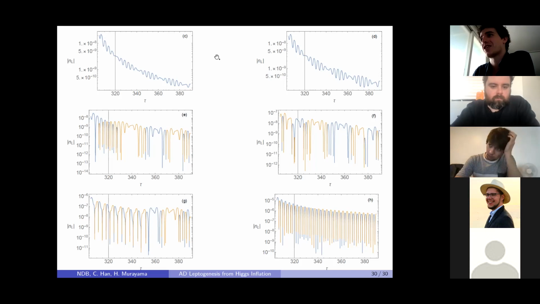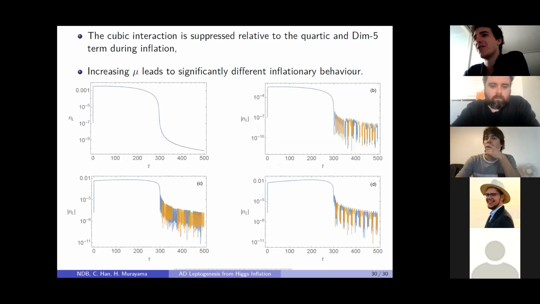It's just oscillating back and forth between positive and negative values of the lepton number. As it gets larger, this oscillation dynamics dominates even more, and this is why we don't want our mu having an impact. If you go even further, it starts affecting inflation as well. You start out where mu doesn't matter, and then as it gets larger you get this weird bump in the NL. Anyway, this is just a side note.